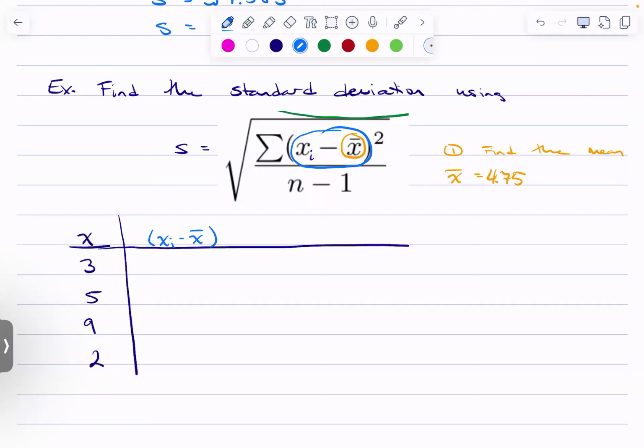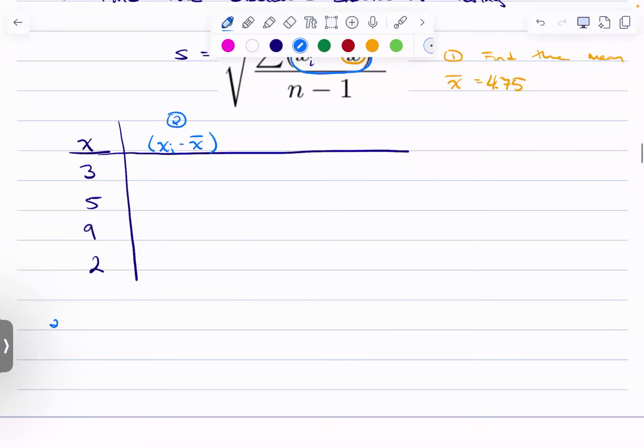But now I'm going to calculate each deviation separately. And so I'll call this 2, and I'll summarize it down here. 2, calculate each deviation. Xi minus x bar.